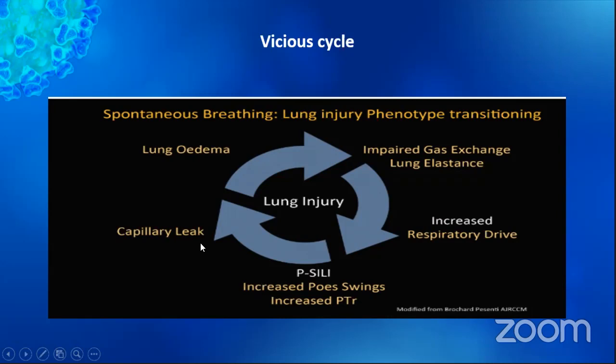Finally, capillary leak, and the lung, which was dry before, will go into edema, and the lung edema will finally further compromise gas exchange. And this vicious cycle goes on, and what happens? That dry lung is converted to the wet lung.